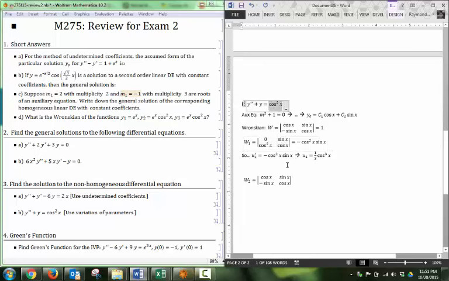We will be changing the second column this time. So the first column stays the same, the second column changes to 0 and cosine squared. And so the determinant of that looks like it's going to be cosine cubed minus 0, so it's just cosine cubed.